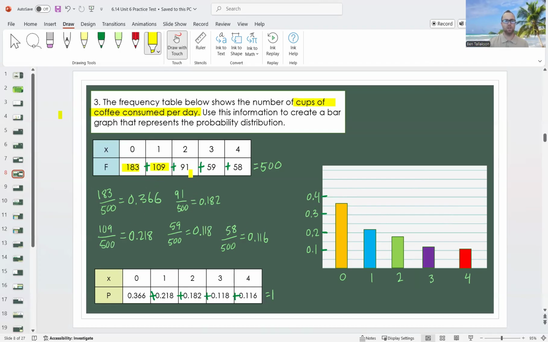We do that for every frequency in the table to then give us every probability. And remember, you can check this by adding these up and seeing if they equal 1. If they do, you did it right, because 1 is the decimal form of 100%, and all of the probabilities need to add up to 100% or 1 in decimal form.